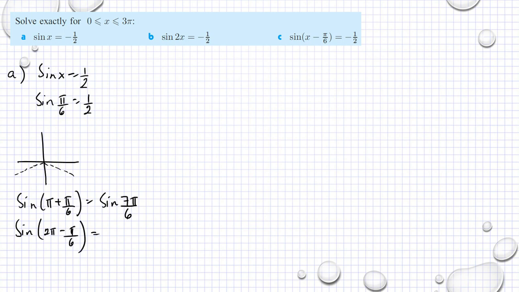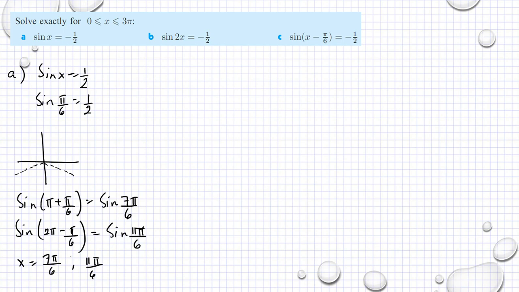So we have 12, we have sine of 11 pi divided by 6. So our x here for a should be both: 7 pi divided by 6 and 11 pi divided by 6.